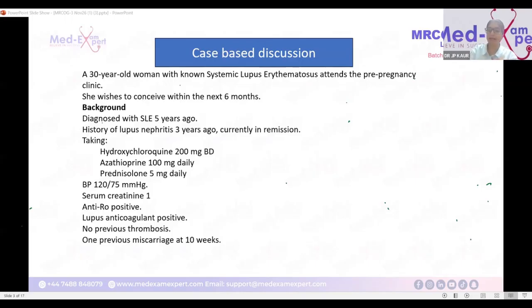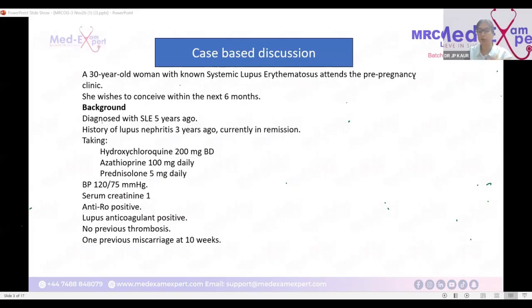So you told about the SLE, autoimmune, the organs involved, and the medication in this patient. Then you will talk about the blood tests you will be doing. This all comes in the pregnancy management. If a patient comes for pre-pregnancy counseling, you will offer her certain blood tests which are required for the pregnancy and for the stability of the disease.